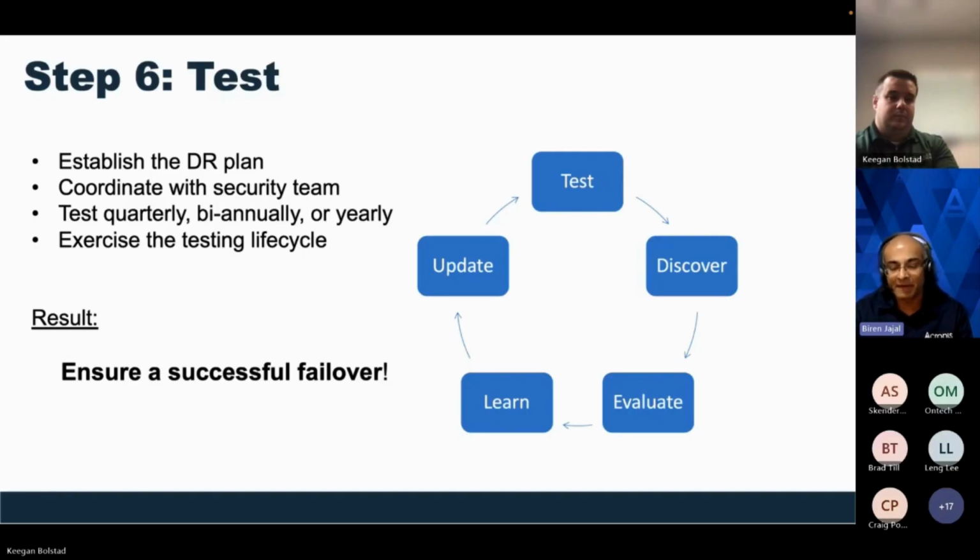You can account for all of that through the DR testing and DR orchestration capabilities that are built in. Through this iterative process, you're able to learn, evaluate, assess where you're at, improve, and then test again until you're sure you know exactly what's going to occur during that actual failover situation. Next slide.